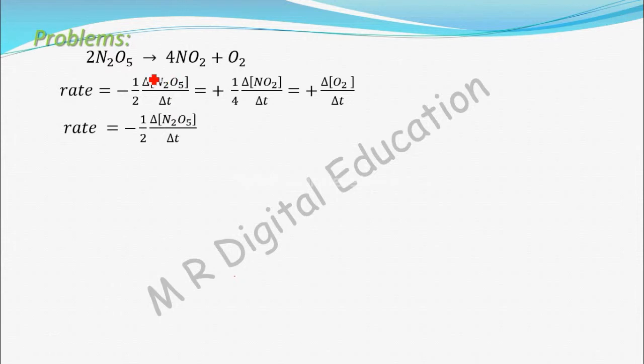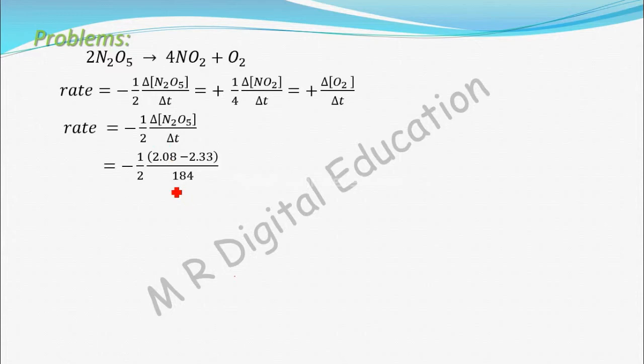So take these two terms, equate them and calculate the rate. Rate equals minus 1 by 2 into final concentration 2.08 minus initial concentration 2.33 divided by time taken, 184 minutes. Since it is during an interval of time, this rate will be the average rate.